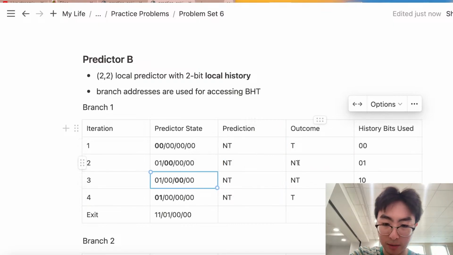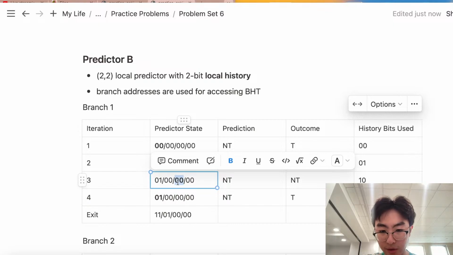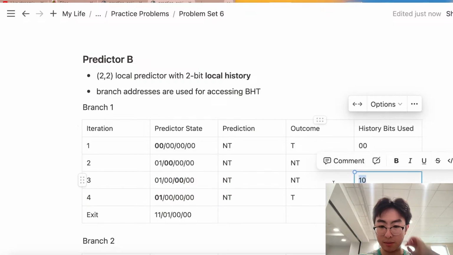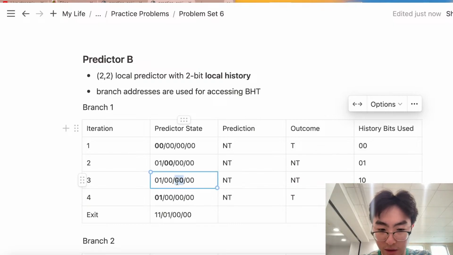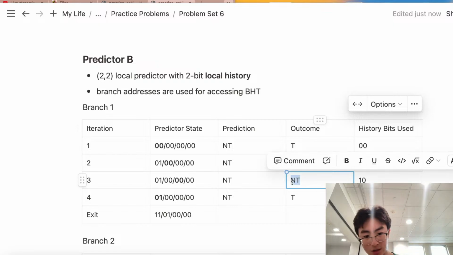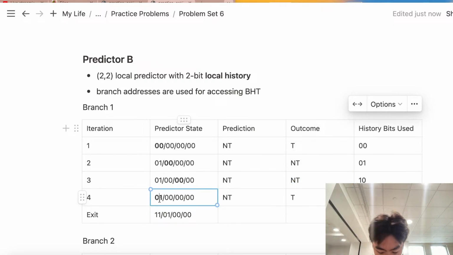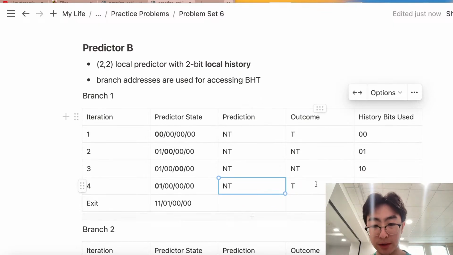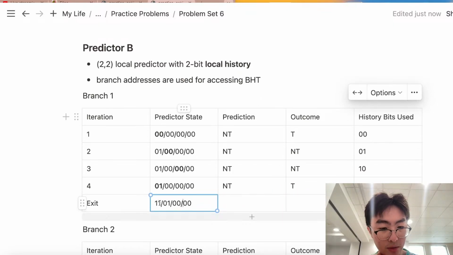Really, it's more important that our outcome is not taken. Then iteration 3. So we have not taken, taken. So our history bit is 1, 0 now. And nothing changes again. Our prediction is also not taken, and our outcome is not taken. And then finally, in our last iteration, we index 0, 0, but this time the prediction is not taken, but the outcome is taken. So we get 1, 1.